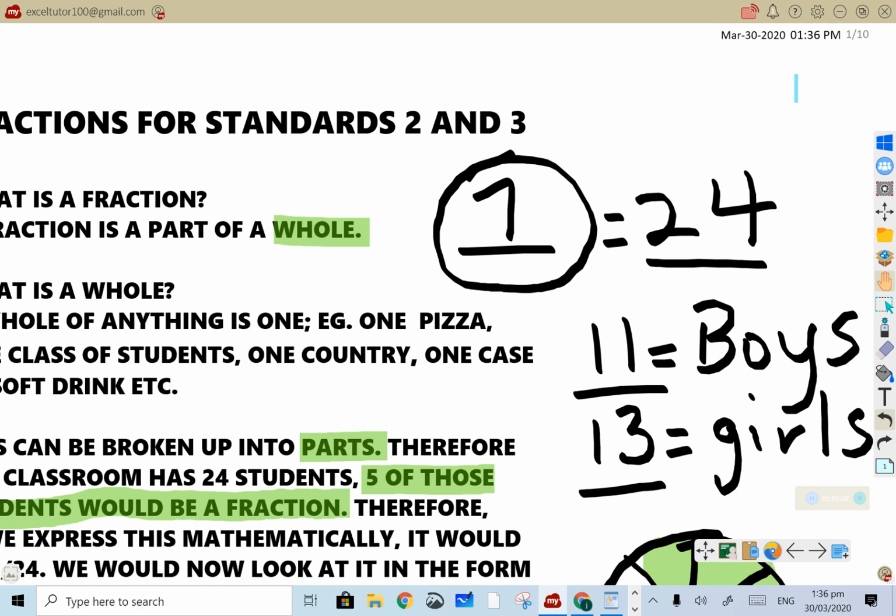As you do each paper, you could listen to each section of the video, because each section should cover each paper that you have gotten, whether it be to shade a fraction, to say what part is shaded, or to name the fraction. So each part of the video covers everything.